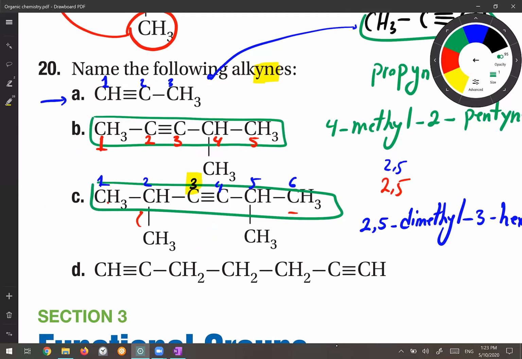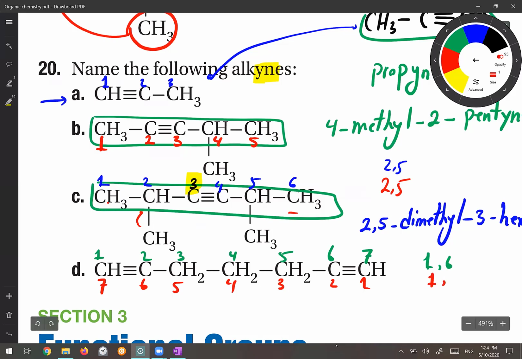So look, if I number it from the left side, this is carbon number 1, 2, 3, 4, 5, 6, 7. The triple bonds are on the first and sixth position. If I number it from the right side, this is carbon number 1, 2, 3, 4, 5, 6, and 7. So again, they are on the first and sixth position. So no matter from which side you number it.